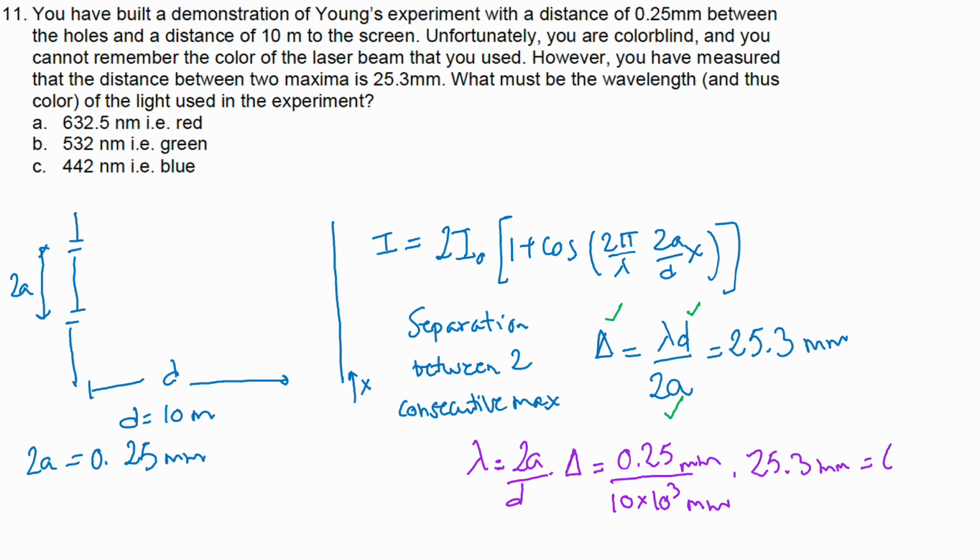That means that this is 632.5 times 10 to the minus 6 millimeters. So lambda is equal to 632.5 nanometers, and that means that our correct solution is the A option, red color.